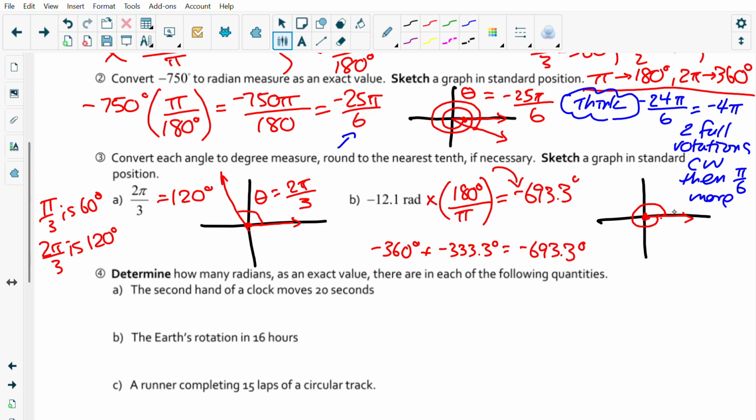So that's going to take me, here's 90, 180, 270, and then I need about 63.3 degrees more, so that's going to take me right about there. And that is theta equals negative 693.3 degrees.